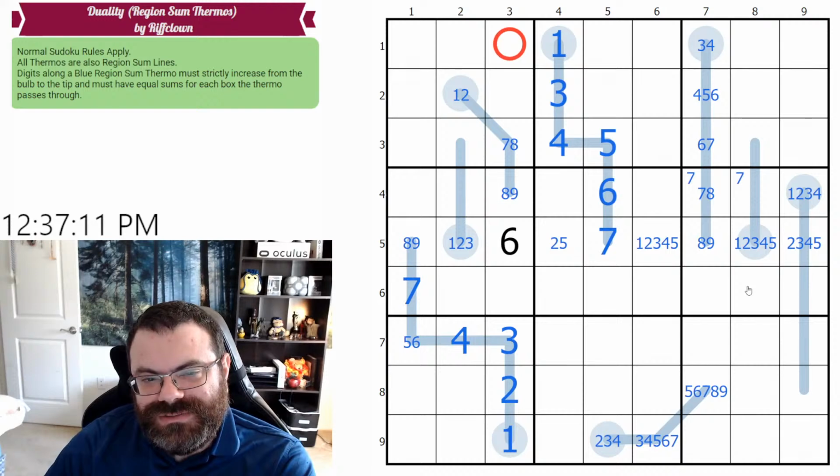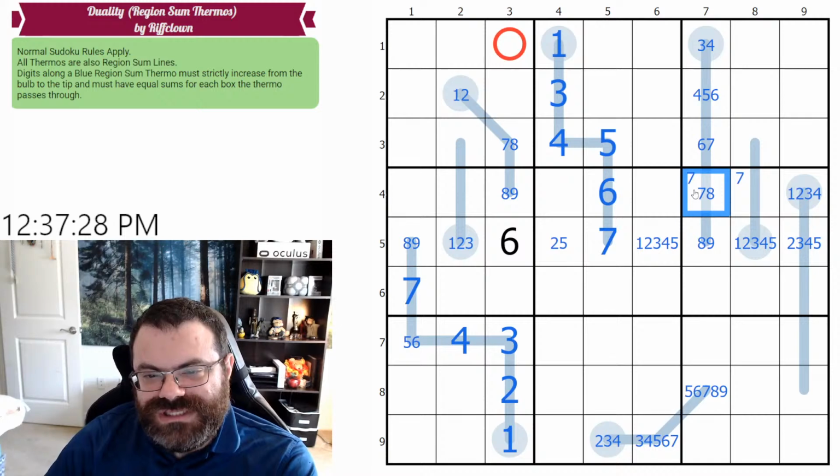Seems to be okay. I would force this to be a 7. So this, oh, wait, this would be 8. 7 here does a lot. Can we prove this can't be 7?